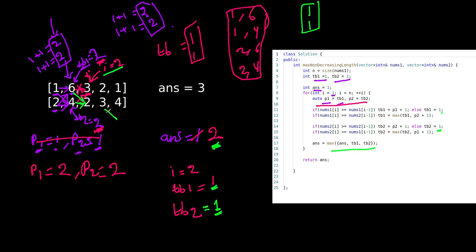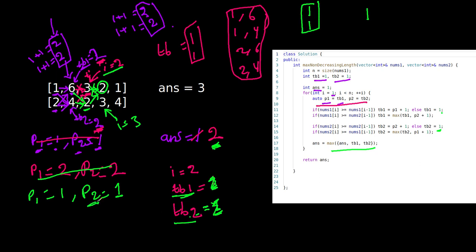Now let's do i equal 3. p1 equal tb1, which is 1. p2 equal tb2, which is 1. Now let's calculate tb1 and tb2. tb1, from 3 we cannot go, so we have 1. From 2 we can go to 2. The value of p2 is 1. 1 plus 1 is 2.